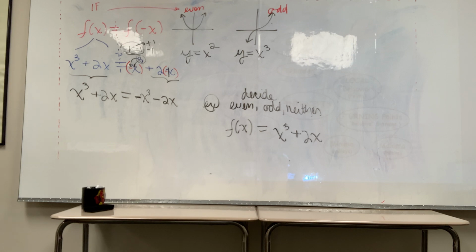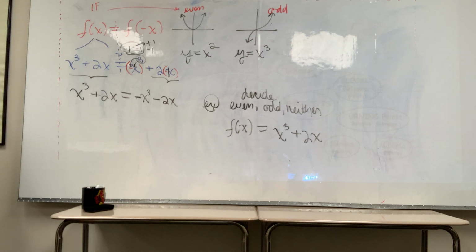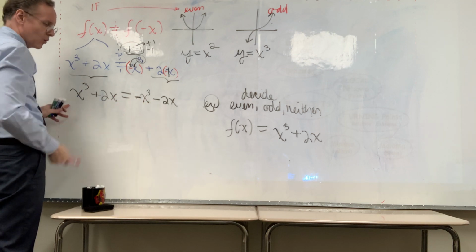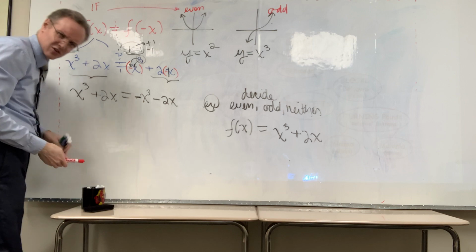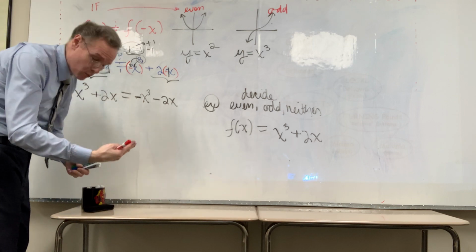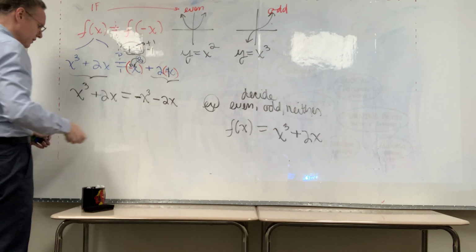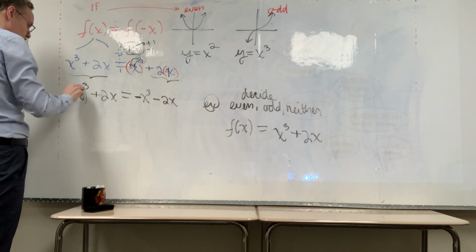Now, if you want, you could stick in some simple numbers just to verify. You can tell right away these are not equal. These are both positive and these are both negative, so you can just call it quits right now. But if you want to be more satisfied, just throw in a number, as long as it's the same number consistently. Let's say you throw in the number 1, because 1 is super easy to use.